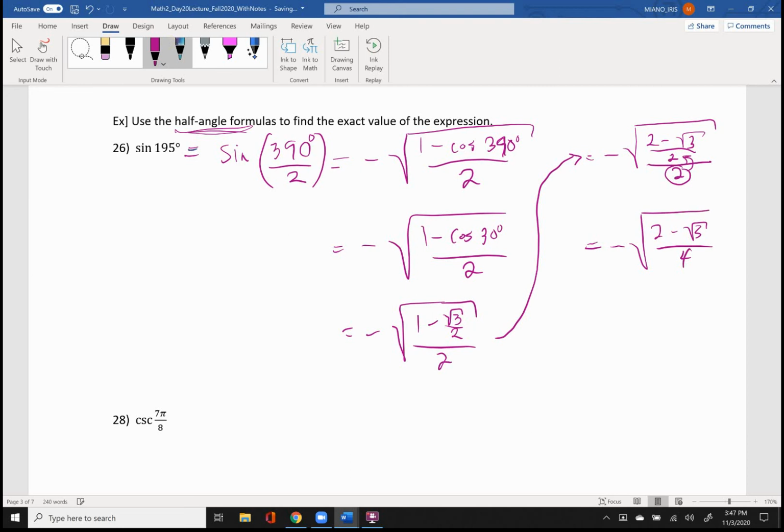But 4 is a perfect square number, so that can actually come out of the radical, which will give us a final answer of negative the square root of 2 minus root 3, all over 2. And there you have it.